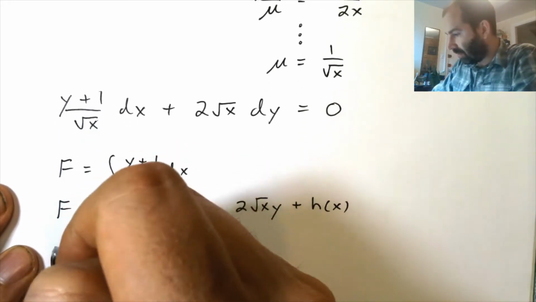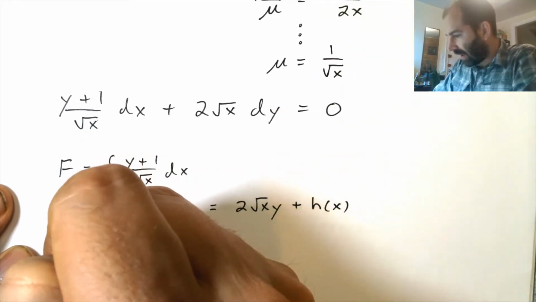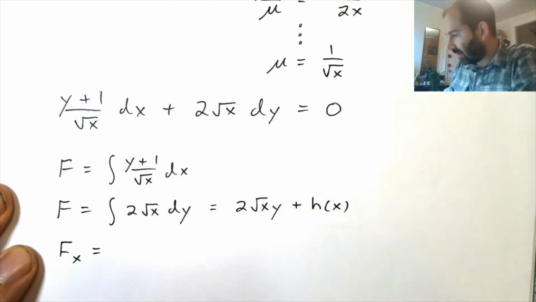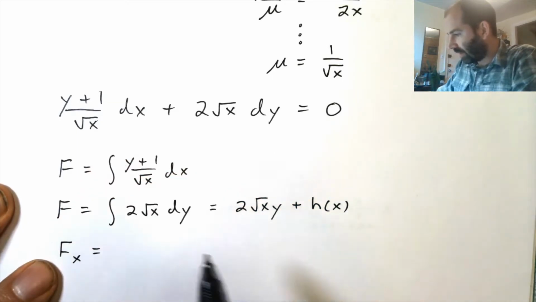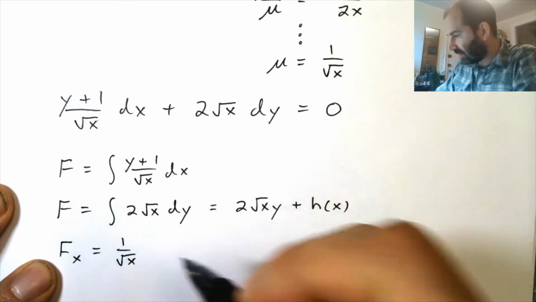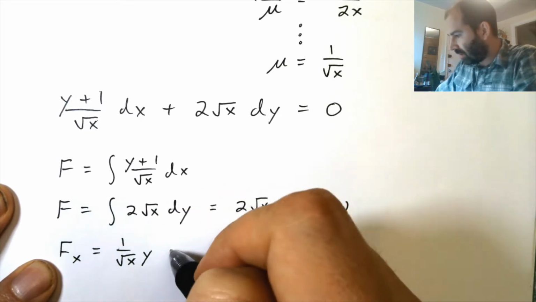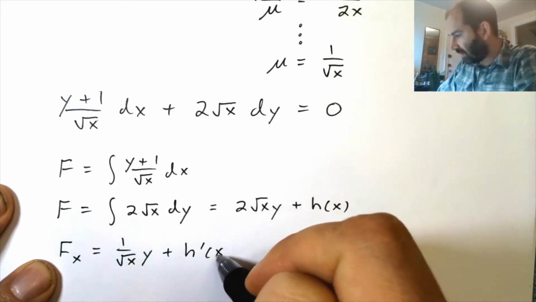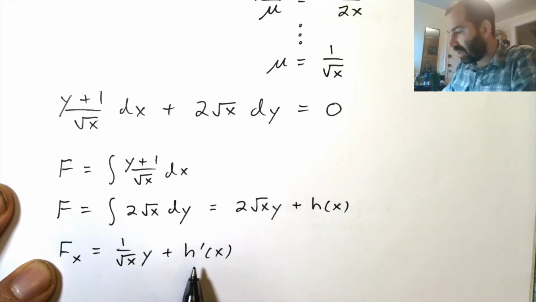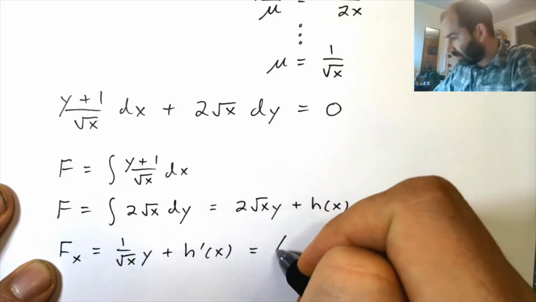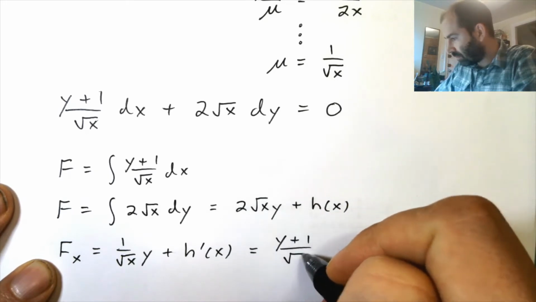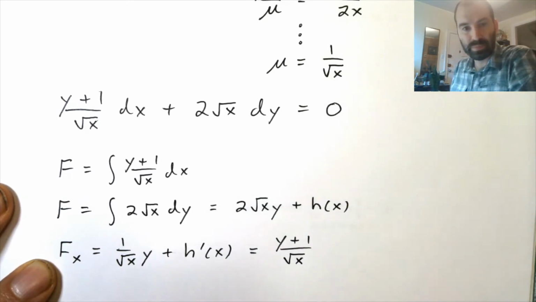All right? If I compute f x here, what do I get? I get 1 over root x times y plus h prime of x. And that should equal this, right? We can use this to find what h is going to be.